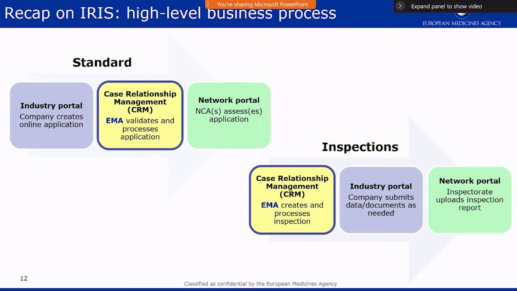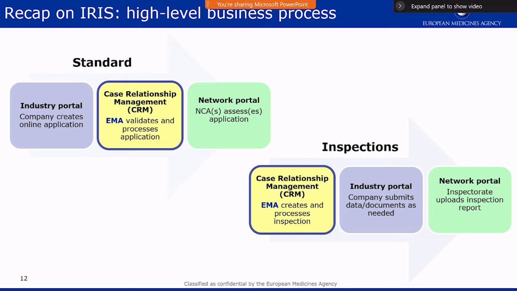So what happens is that once we have created the case and the relevant committee, CHMP or CVMP, has adopted the inspection, then submissions are automatically created for each of the MAHs for which there is a product in the scope of the inspection. So you don't need to create a submission.